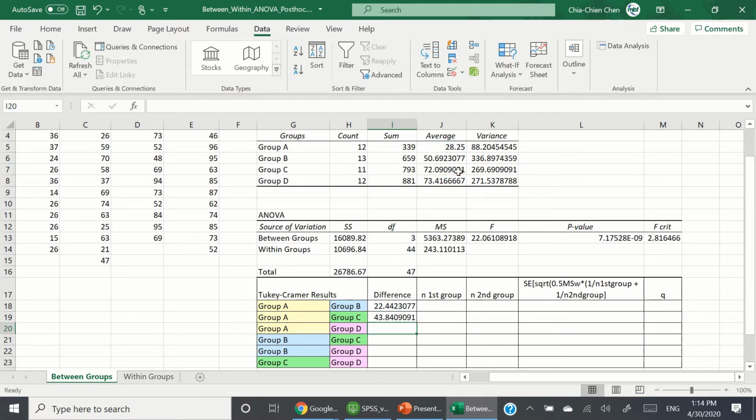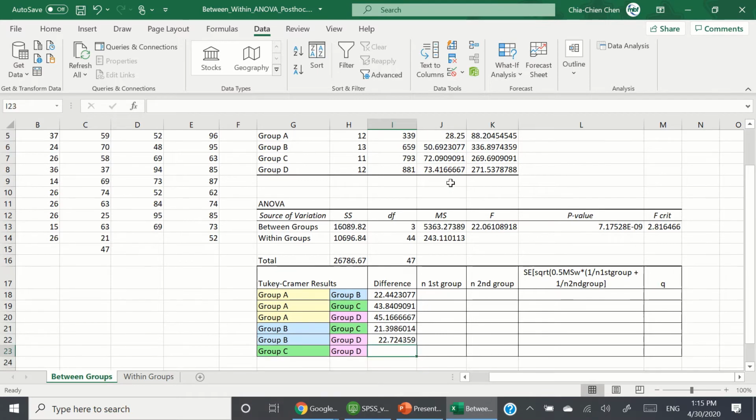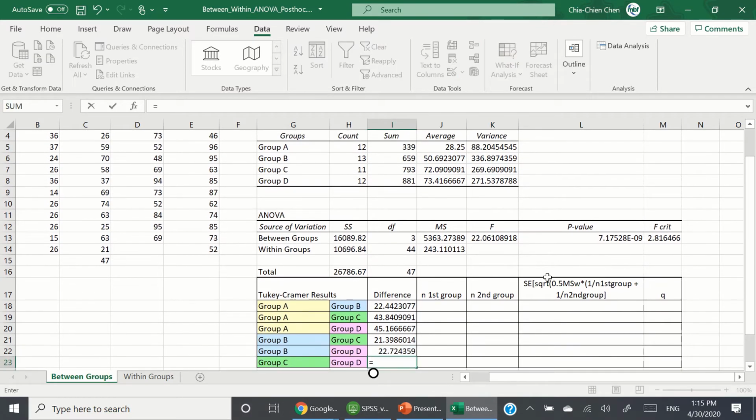And then now let's do group A and D equals absolute of A minus D. Okay, now let's do B versus C, absolute value of B minus C. Okay, and then the absolute value of B minus D. Okay, and then C versus D, so this is going to be absolute value of C minus D.